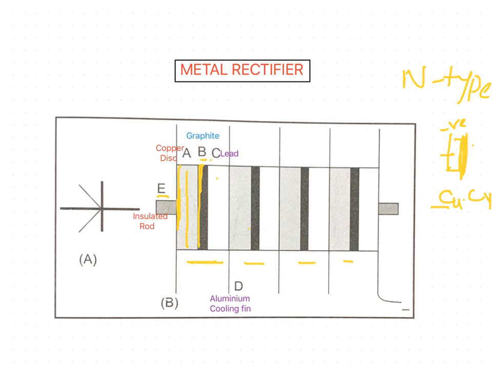This is the symbol and this is the construction of the rectifier. In the symbol, the arrowhead represents the copper, and shows the direction of the electron flow. So this is about the metal rectifier.